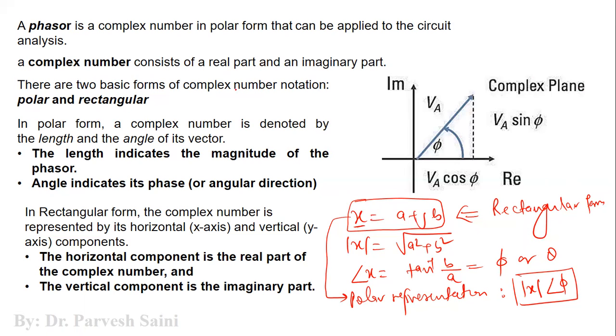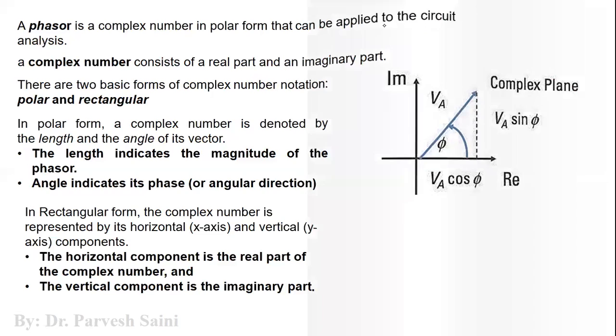There are two basic forms of representing a complex number: one is the polar representation, the second is the rectangular representation. This is the rectangular representation, and this is the polar representation here. In polar representation, we have the magnitude and the angle. The magnitude represents the length of the phasor, and the angle represents the phase of this particular phasor.